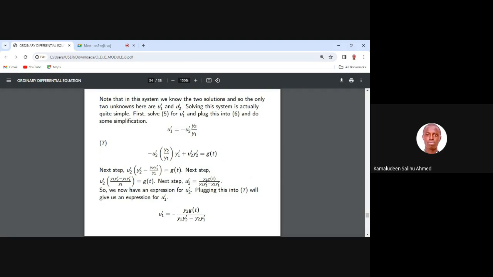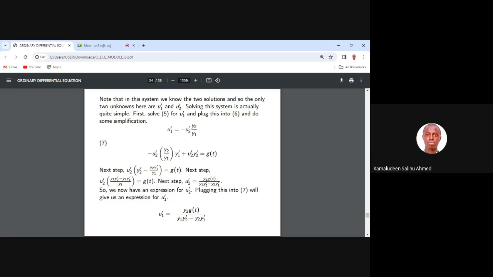So now, next step, our u2 prime is now equal to y2 prime minus y2 y1 prime over y1. That is, you factor out u2 prime, and you have this equal to g of t.